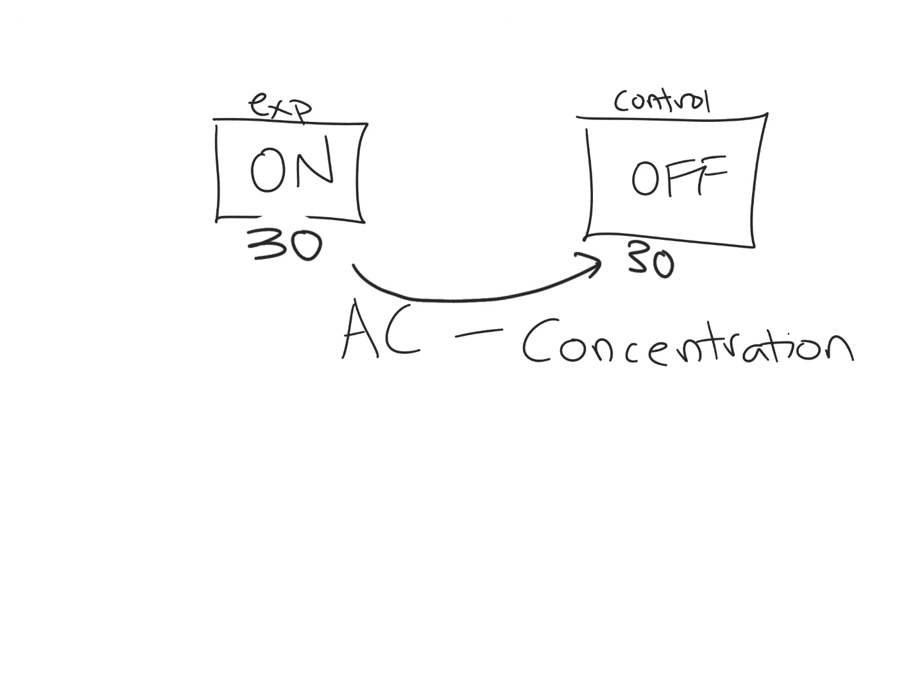A strength of an independent measures design is that because there are separate groups, so let's take the example of an independent design. So let's say again 15 here and 15 here. So this is an IMD, independent measures design. Now the strength of an independent measures design is that there are no order effects.